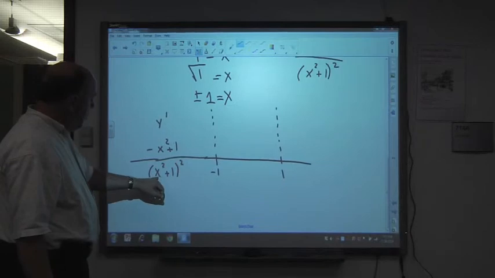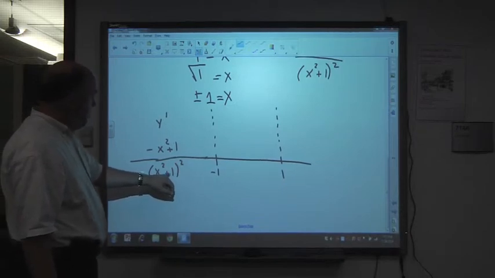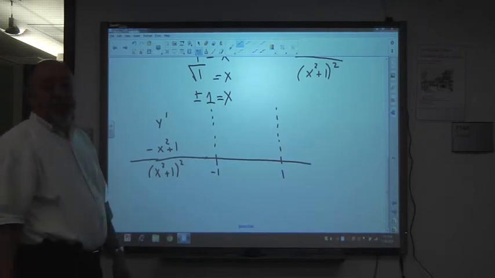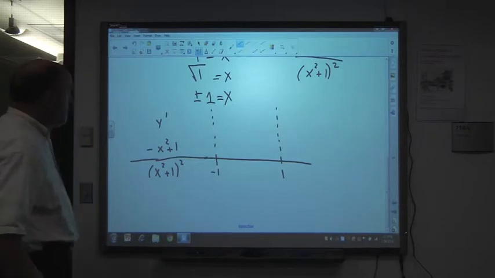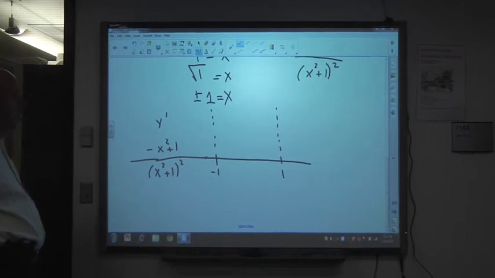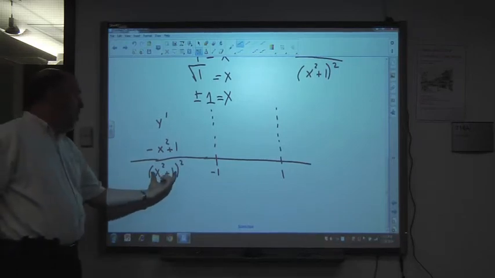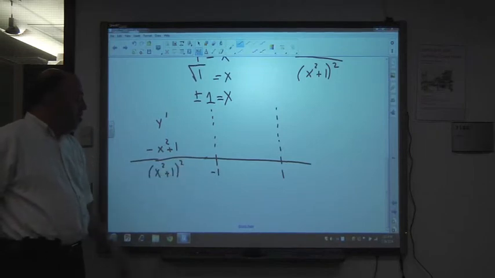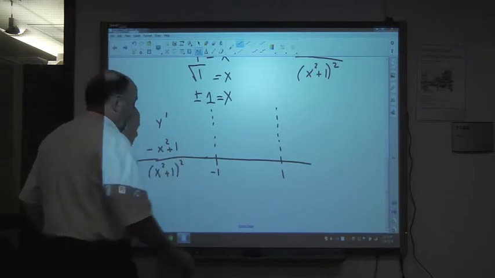Well, can this ever be 0? Well, it can never be 0 because a negative number squared is a positive number. A positive number squared is a positive number. And 0 squared is 0. And so that inside this parentheses will always be positive, which means when I square it, that will always be positive.